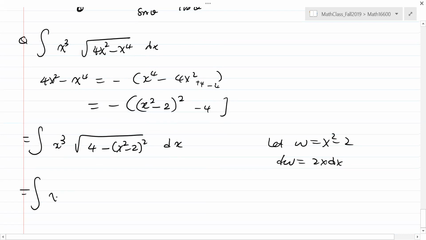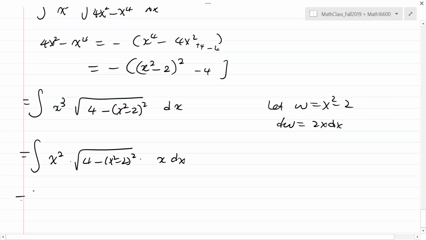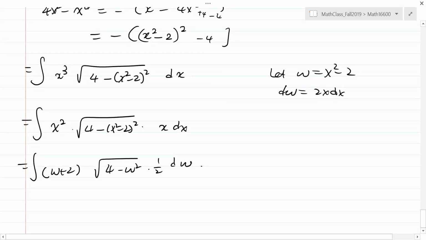So x cubed is x squared, the square root of 4 minus x squared minus 2 squared, and x dx, right? So let's replace it. x squared is w plus 2, the square root of 4 minus w squared, and half of dw.